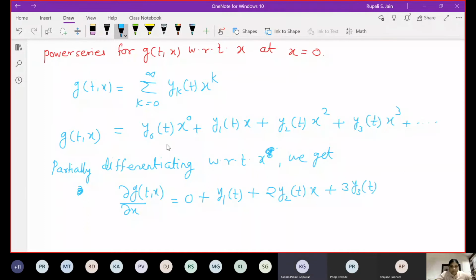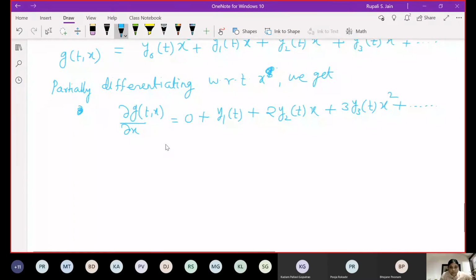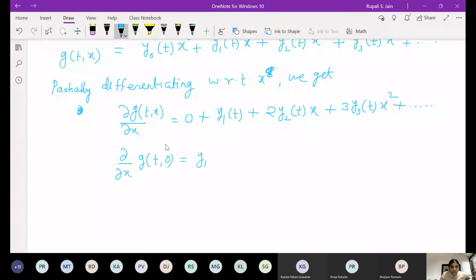So if I want y_1(t), you can see this term is independent of x and all remaining terms contain x. So if I substitute x equals 0, ∂g/∂x of g at (t, 0) will be just my y_1(t), because the remaining terms vanish at x equals 0. All remaining terms contain higher powers of x, right?